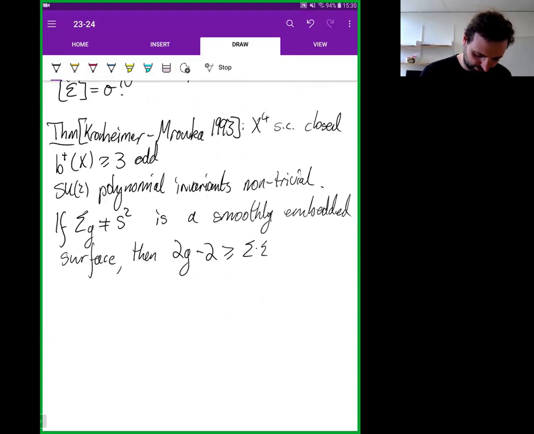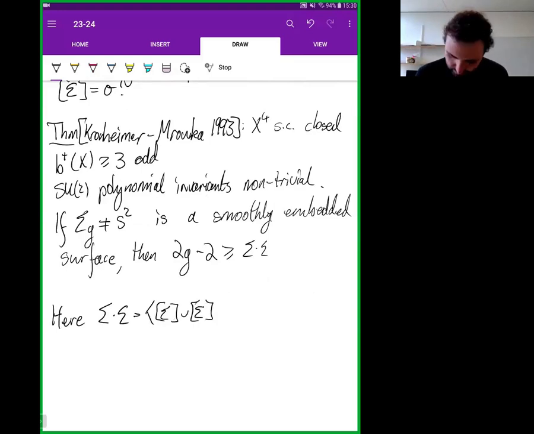Maybe I'll just say a couple of words about the things in the statement. So here, sigma dot sigma is the intersection form. You can think of this as sigma cup sigma, evaluated against the fundamental class of X. So this is the intersection form.